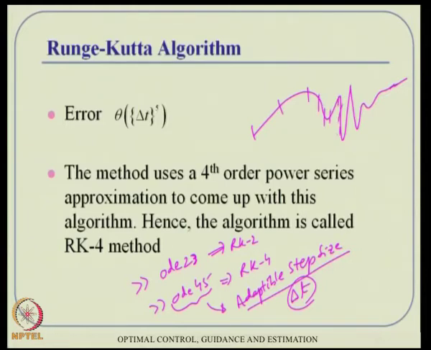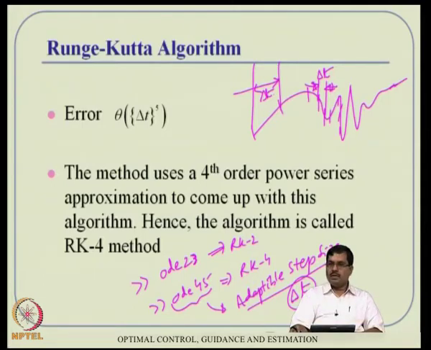It will see where the slope changes in a rapid way, and if the change of slope is high, it will adjust your delta t to be small. This delta t is small here, and this delta t can be large here.